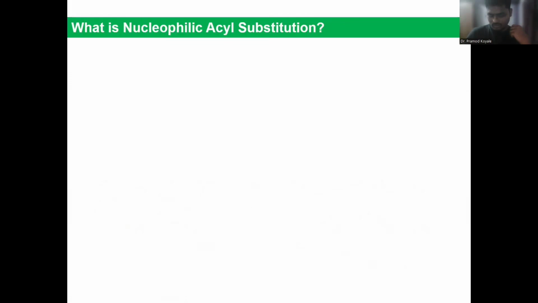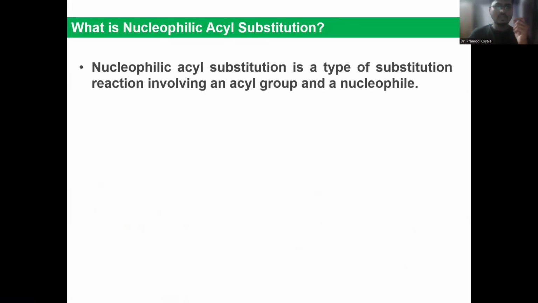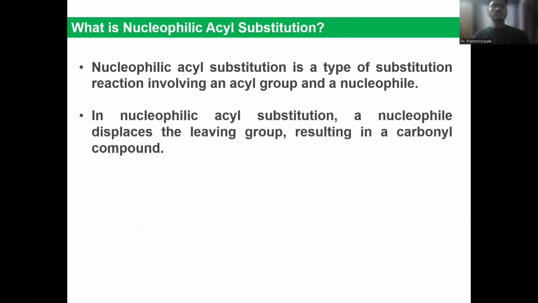Okay, so firstly, nucleophilic acyl substitution is a type of substitution reaction involving an acyl group and a nucleophile. In nucleophilic acyl substitution, the nucleophile displaces the leaving group, which results in another carbonyl compound.